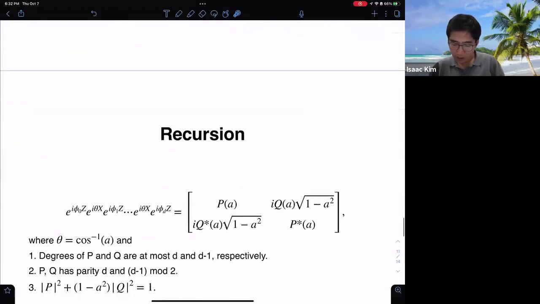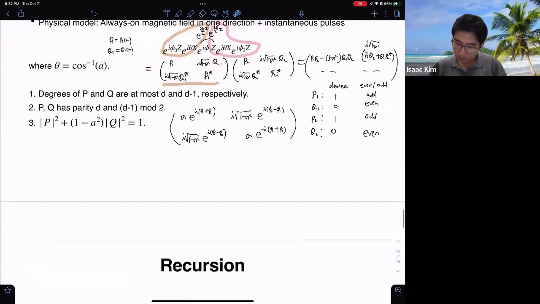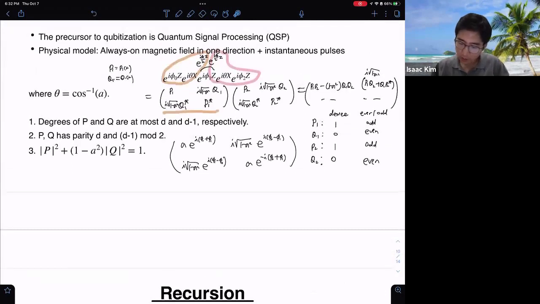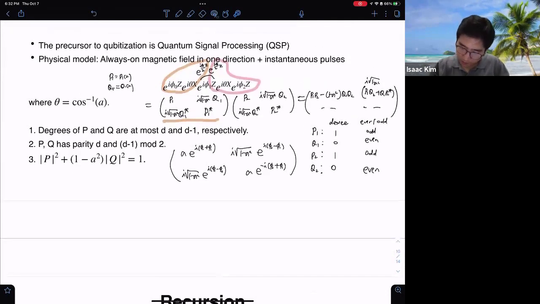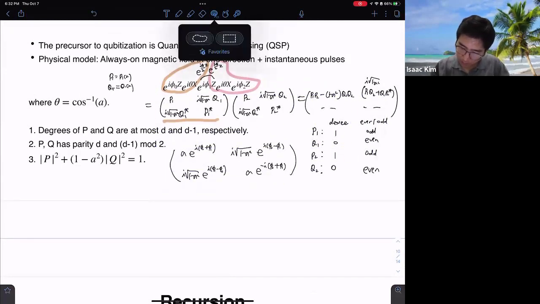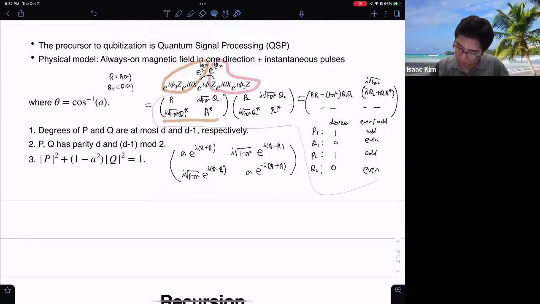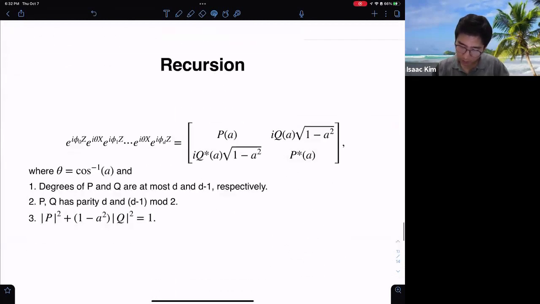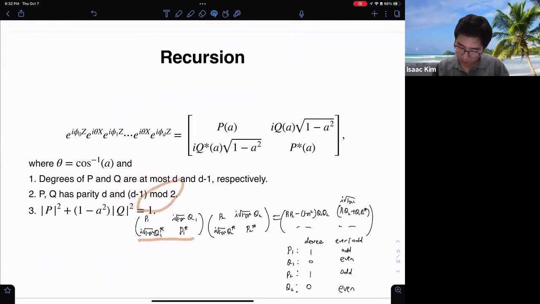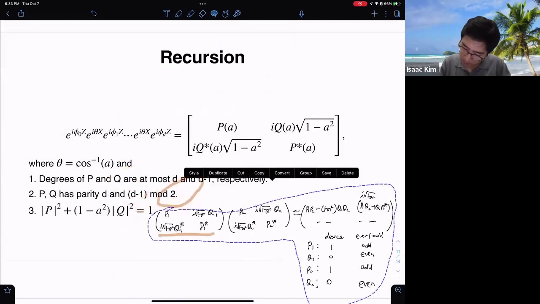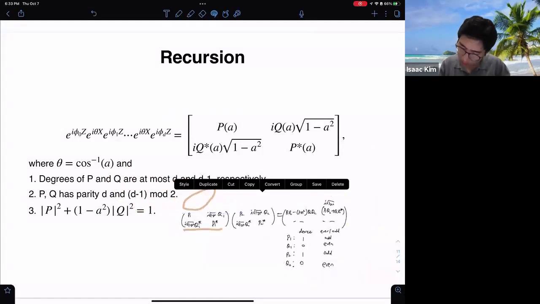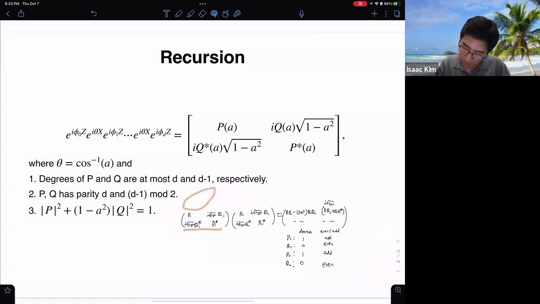And indeed, this is precisely what's going on. Let me just copy that here. Without loss of generality, the way this works is the following.